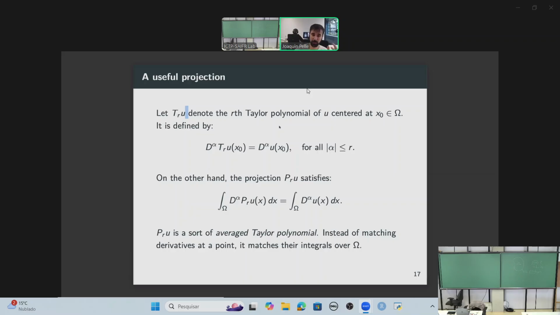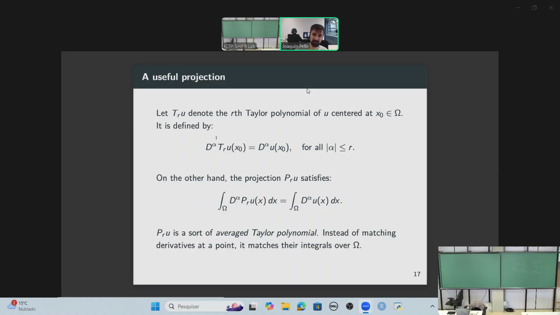If you remember, probably going back to your calculus classes, very likely you defined it in a very similar way, although probably you didn't state it in this way. But the idea is that you are basically trying to match the values of the derivatives, right? So this is evaluated at a certain point.